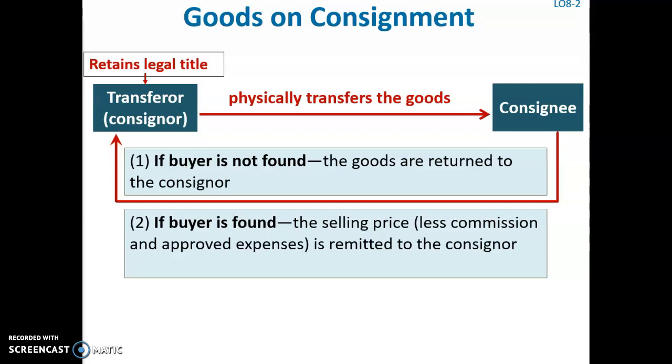Goods held on consignment are included in the inventory of the consignor until sold by the consignee. The sale is recorded by the consignor only when the goods are sold by the consignee and title passes to a third party.